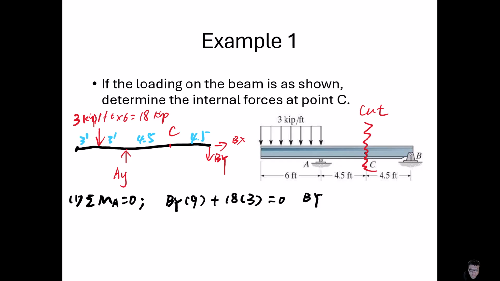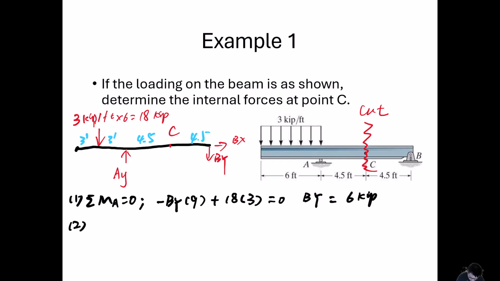It is actually clockwise, so it should be a negative force, so By equals 6.